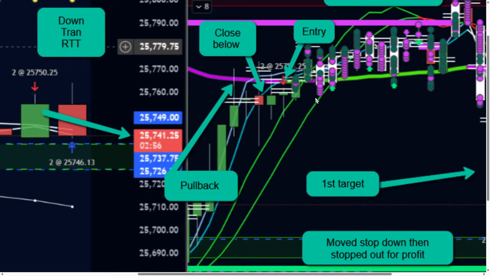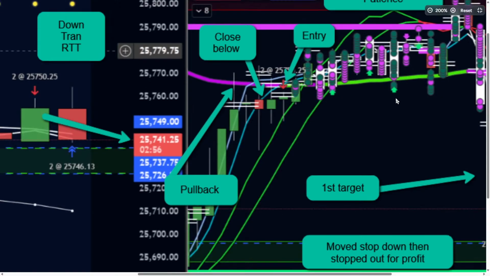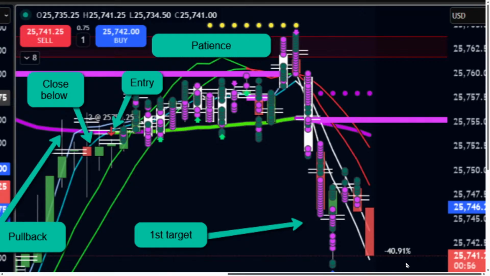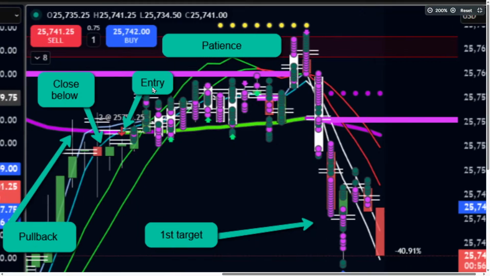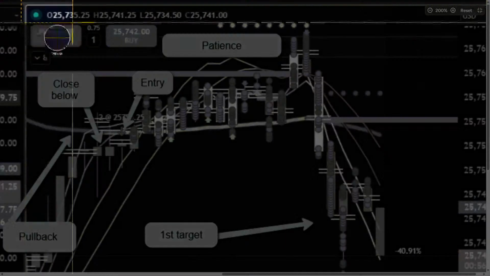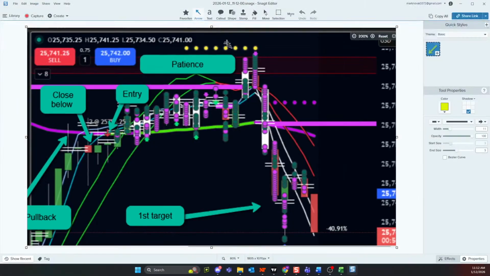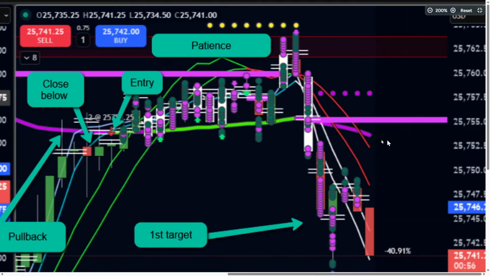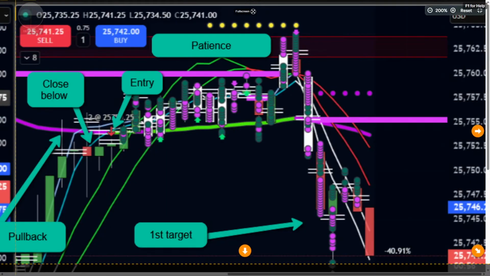Now, here's the challenge, and let me know what you think about this. You say patience, right? And this is where you had to make a decision. Let me see if I can get the numbers on there.